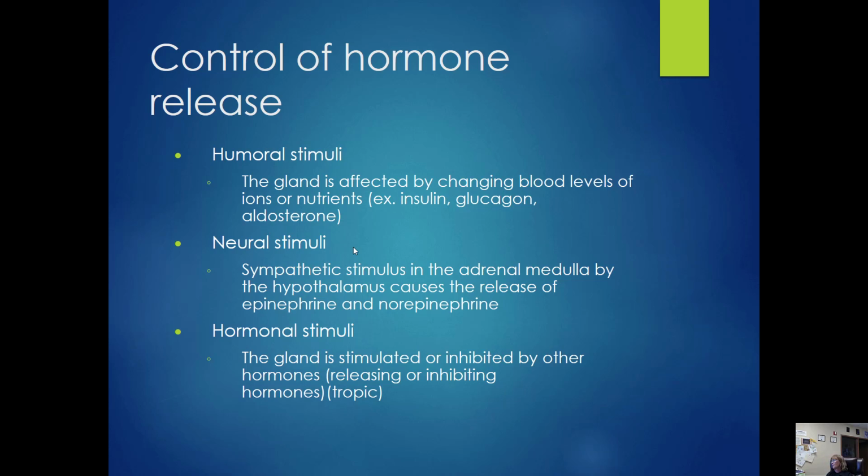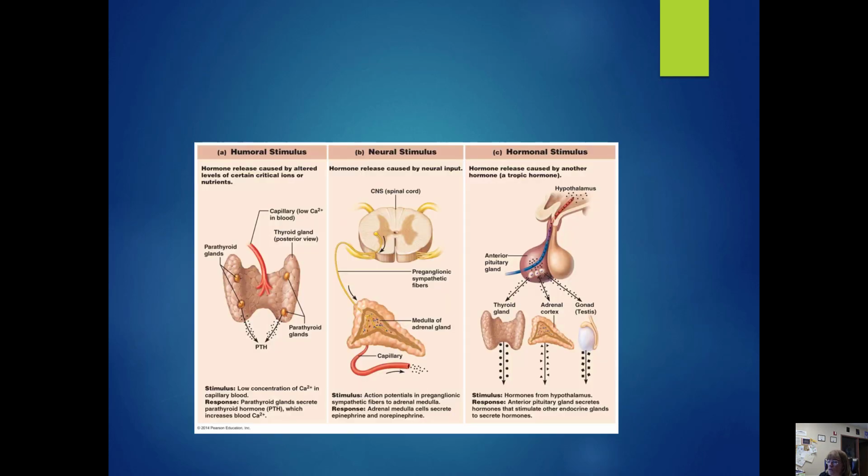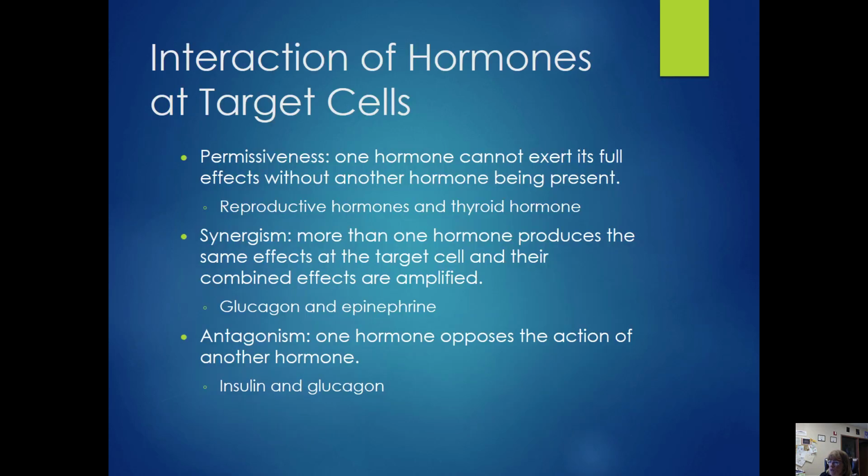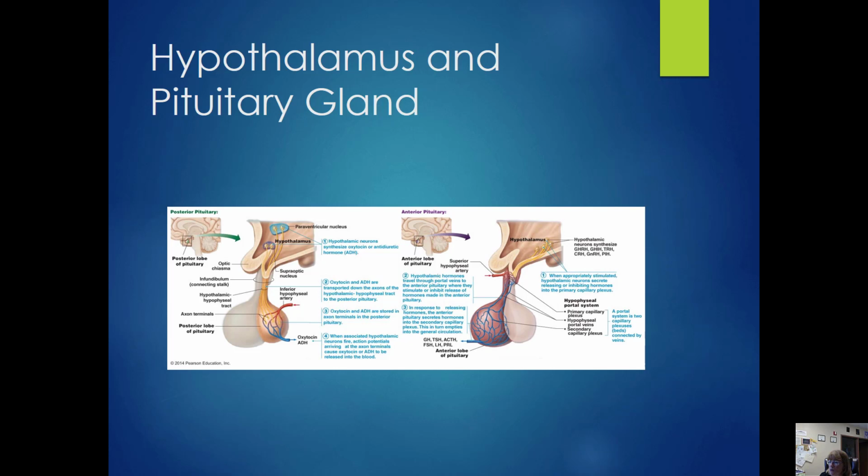The prolactin, or the lactiferous cells in the breast, the epithelial cells that produce milk, is going to be a hormonal stimulus; actually, the inhibition of that would be a hormonal stimulus from the hypothalamus onto the anterior pituitary. Here's just a picture that shows the different kinds of stimuli. We're not even going to go into that because your book doesn't even talk about that.